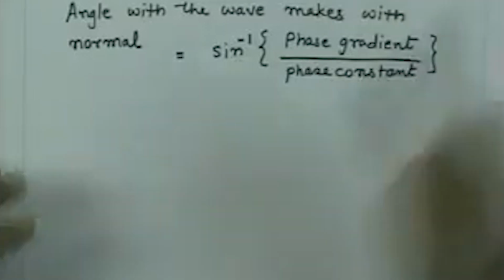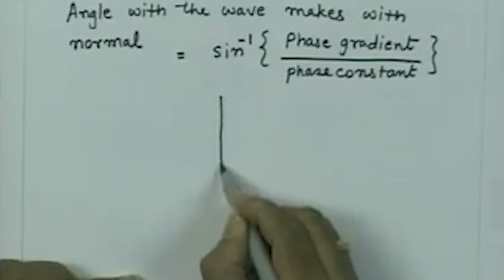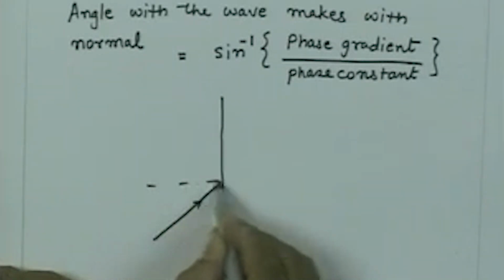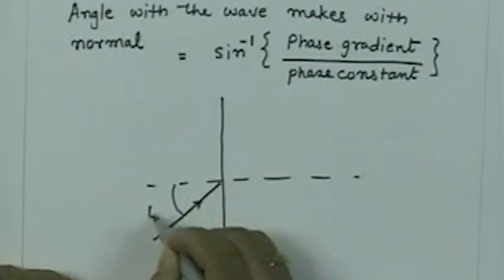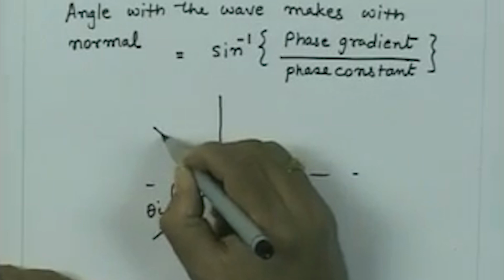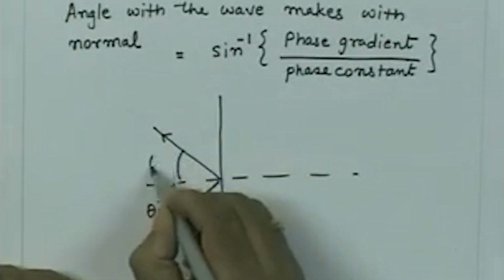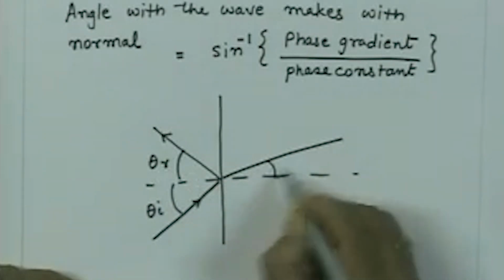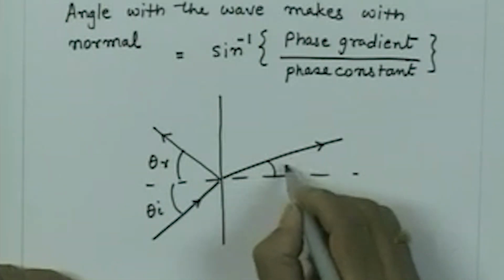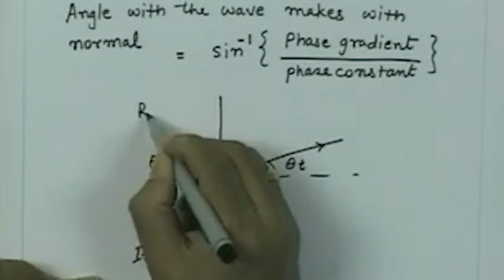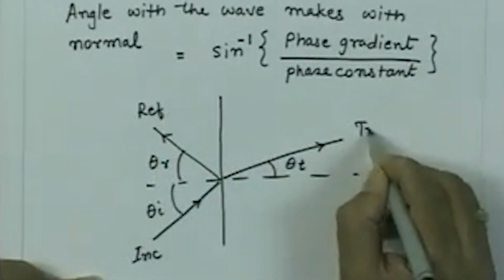So one wave is like that, let us say this is my normal, this angle is theta I, something goes at some other angle, this is my reflected wave, let us say this angle is theta r, and at some other angle this goes, I call this the transmitted wave, let us say this angle is theta t. So this is the incident wave, this is the reflected wave, and this is the transmitted wave.